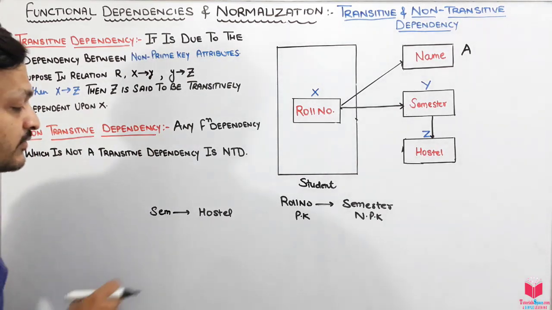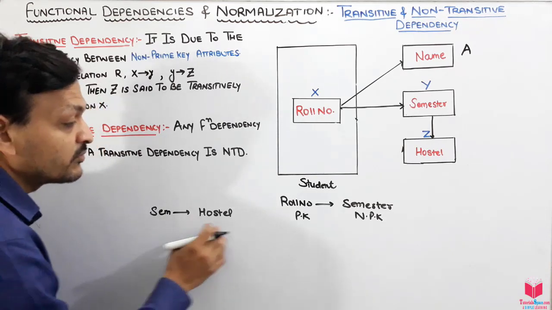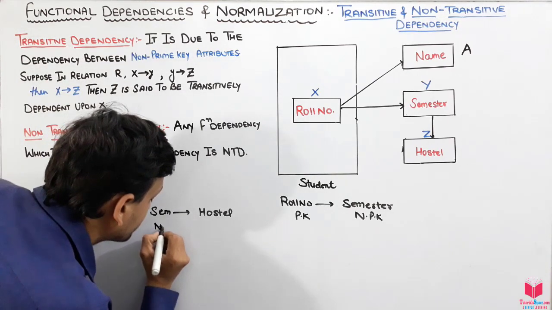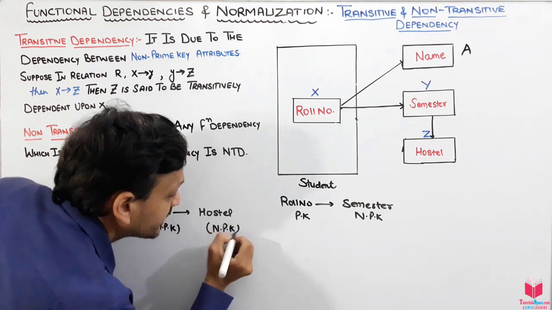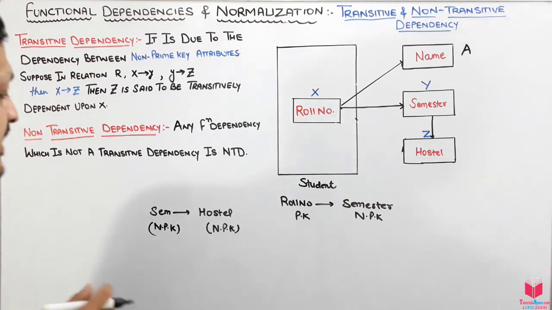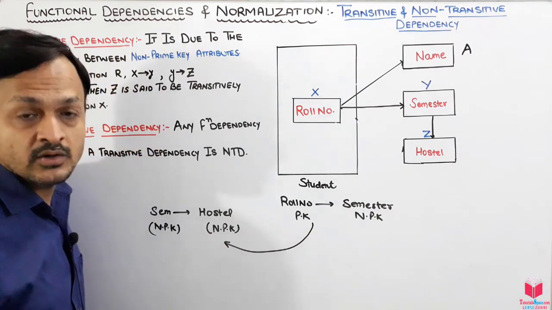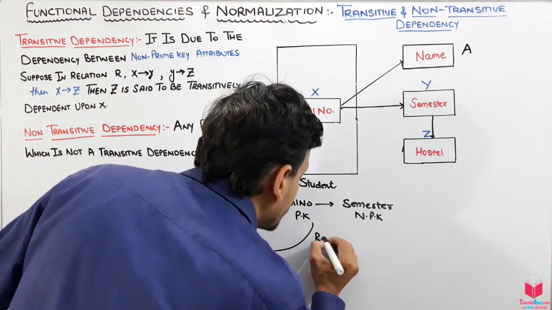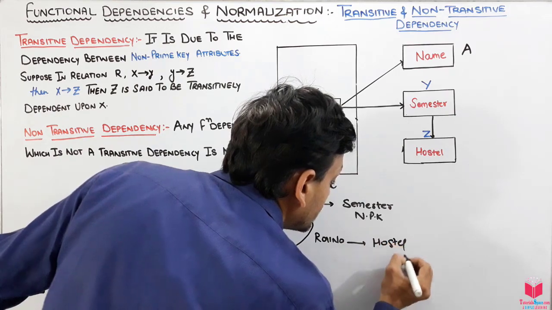Yes, we can find the value of hostel also. Then there is a relation, that is a functional dependency. So from this to this, non-prime key attribute to another non-prime key attribute. So we have found that there is a functional dependency between roll number and hostel. It says that we can also find the hostel by the roll number.